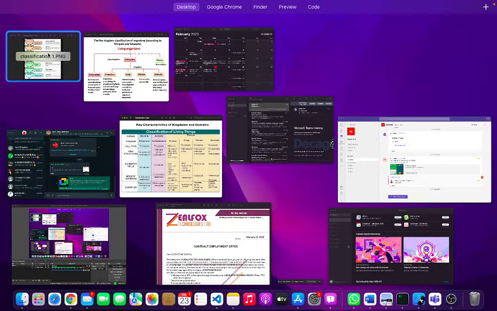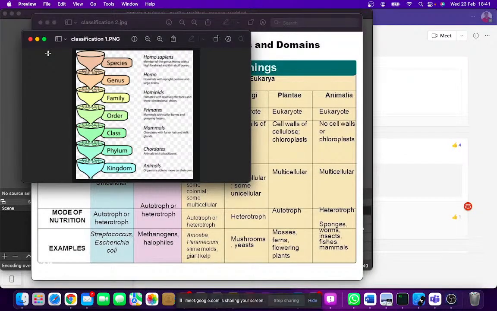But very importantly, when you're classifying plants and animals, there's what we call the normal way of classifying, where you have the kingdom first. So you classify into kingdom, then phylum, then class, then order, then family, then genus, and then species.